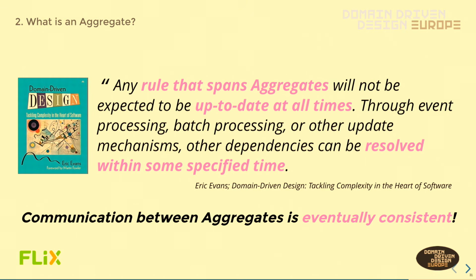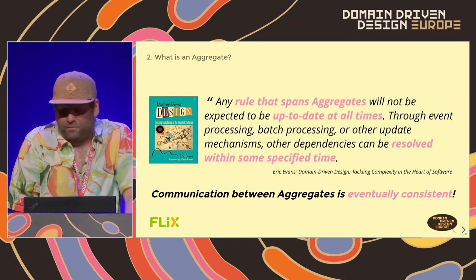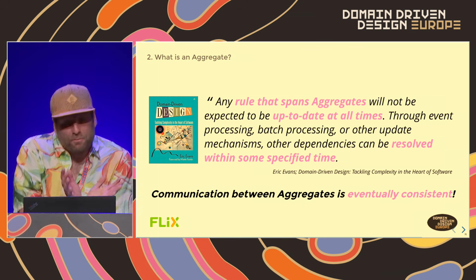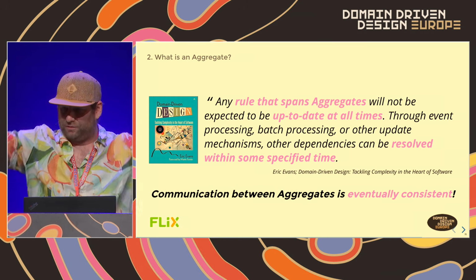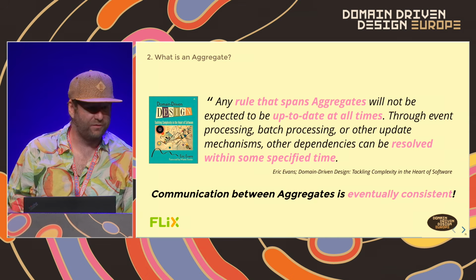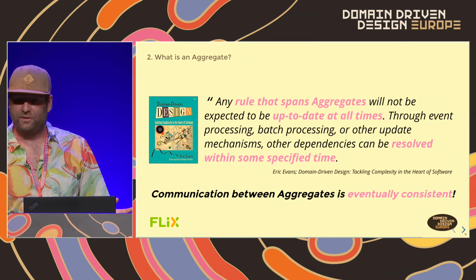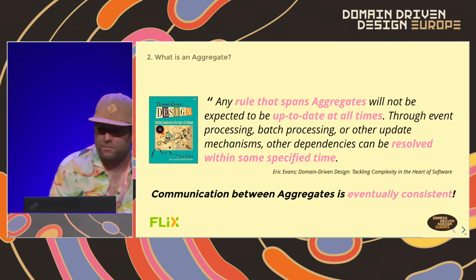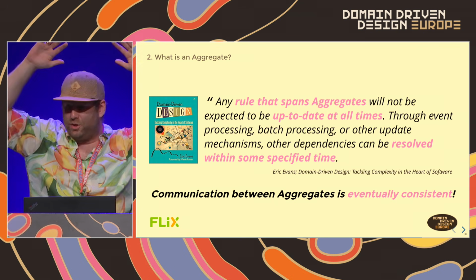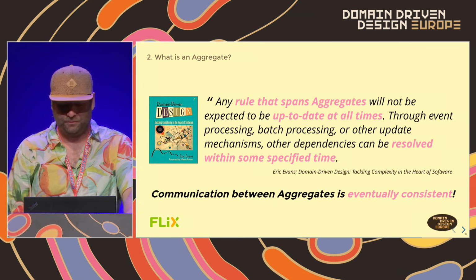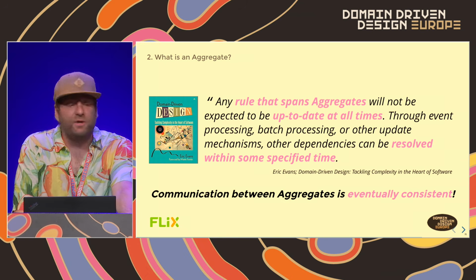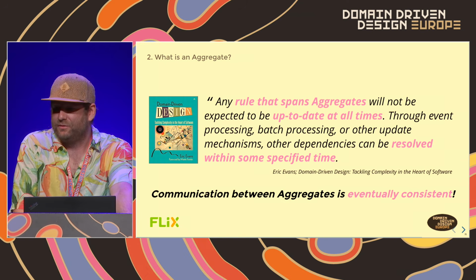The consistency between two aggregates is eventually consistent. And it's clear. You would have to build another consistency boundary around these two things in order to make them immediately consistent. And now add a third one. Now the boundary gets really huge. And at some point, it will be impossible to actually guarantee this consistency.